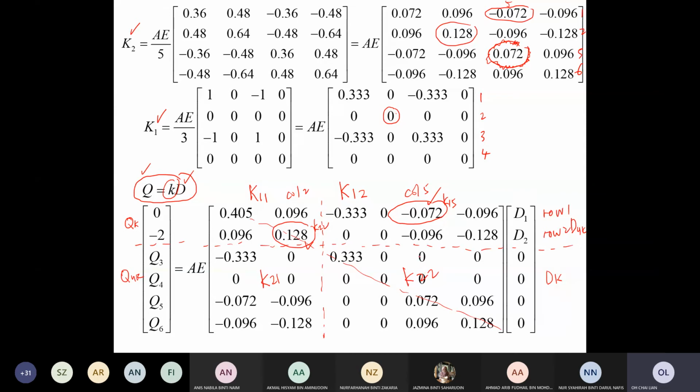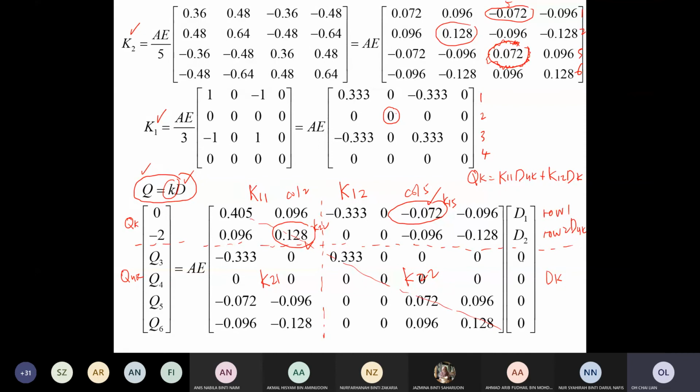If you can see that, I actually have only 2 equations to be solved. I'll be looking at K11 and K12. Remember, to get this, it is actually Q_K equal to K11 D unknown plus K12 D known.